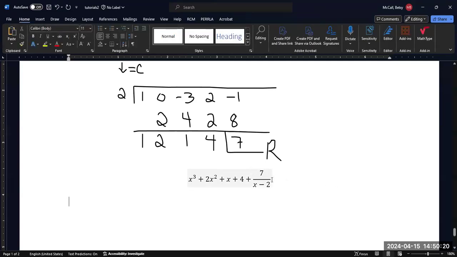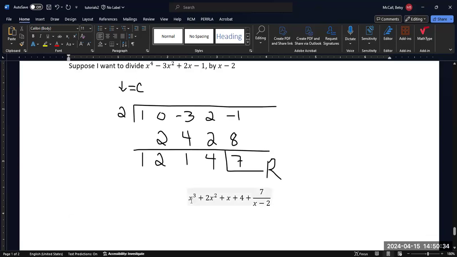So again, that's my remainder. So always this is going to be 1 degree less than what you started with. And then these will be the corresponding coefficients as you go down your polynomial. So since I started with x to the 4th, the result of my division is x cubed.